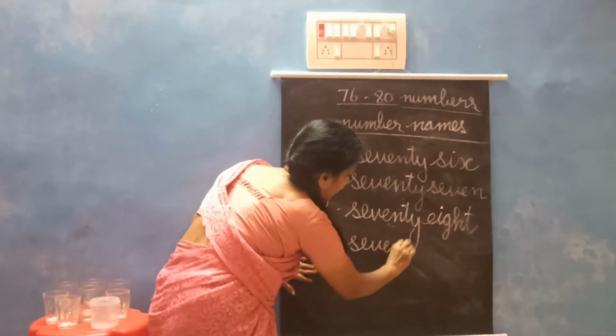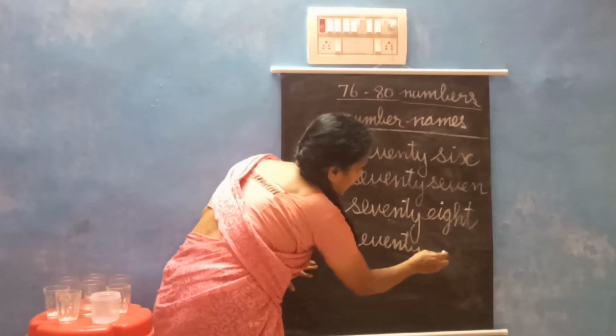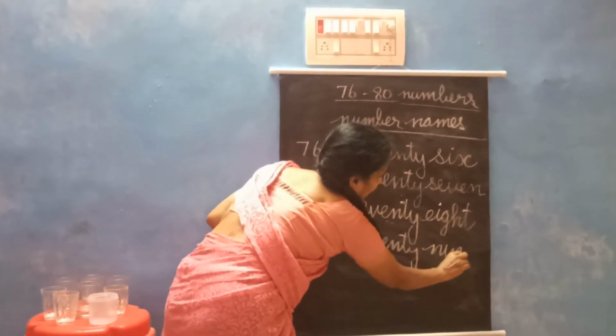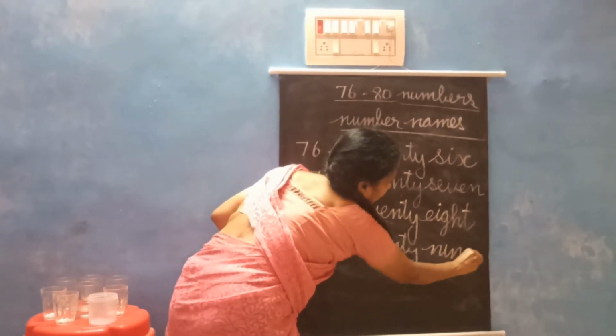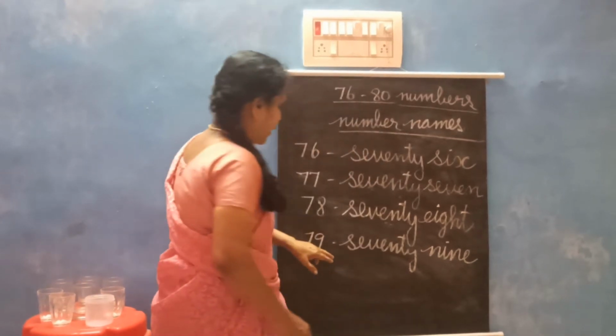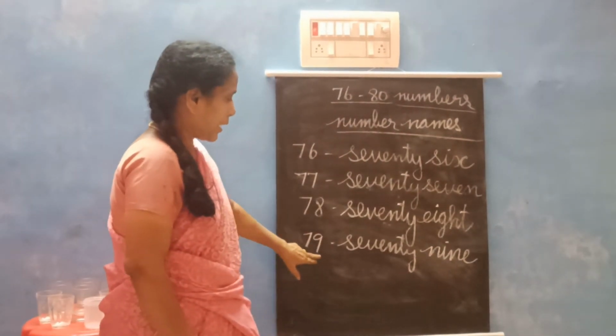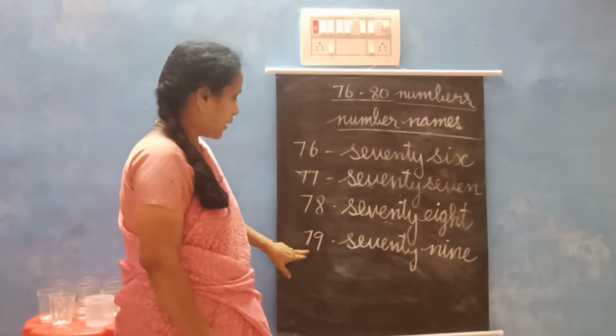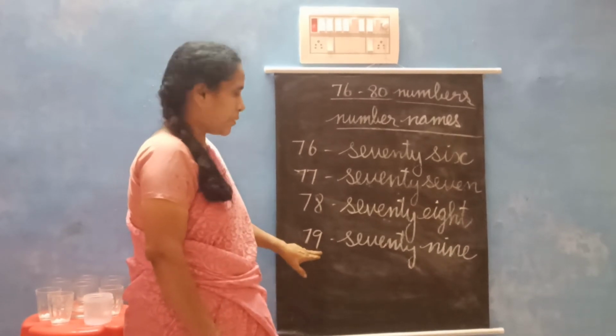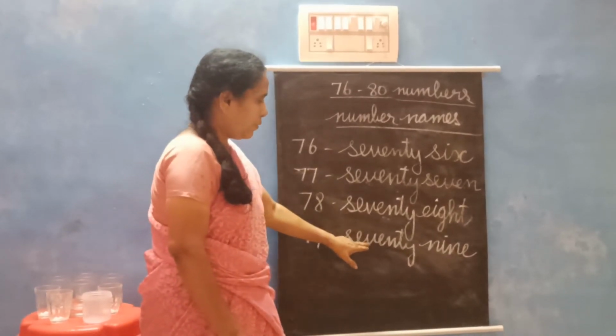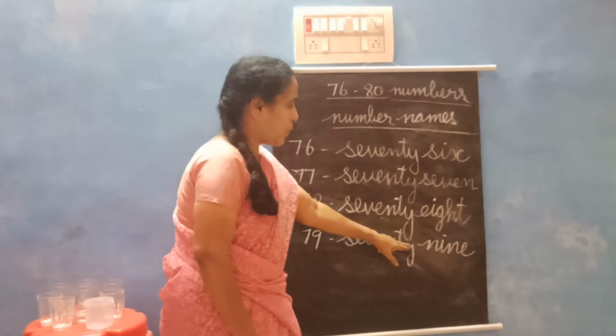Seventy, 79. Nine, 9. 79. 7 tens, 9 ones, 79. Seventy-nine.